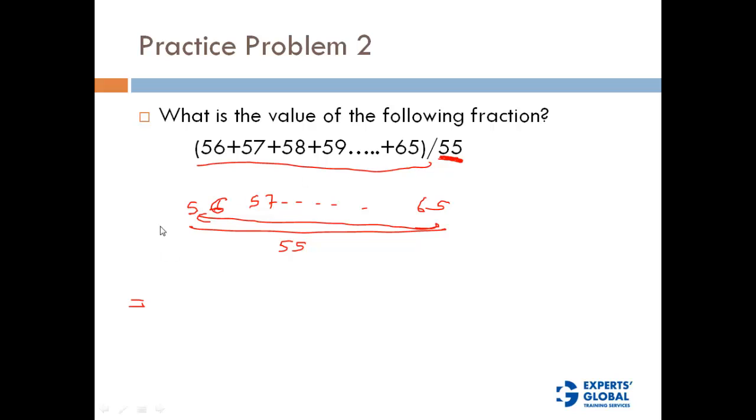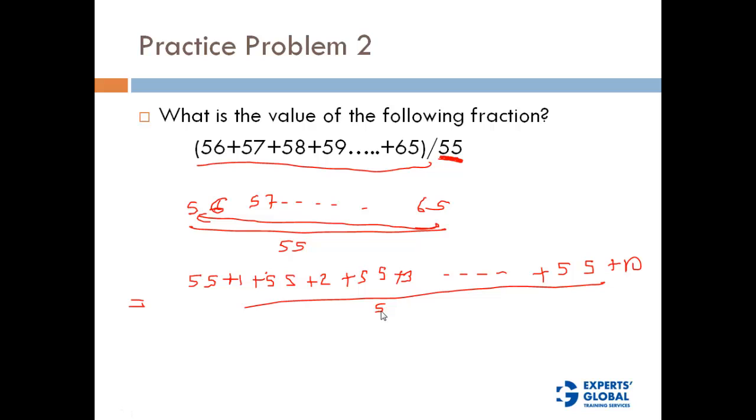So what we do is we just split it. We split 56 as 55 plus 1, 57 as 55 plus 2, 58 as 55 plus 3, and we continue that way till 65, which is 55 plus 10, the whole divided by 55.